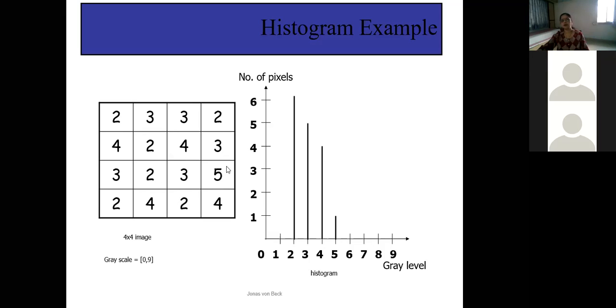Basically, it gives you an idea about the contrast of the image. We will study this in more detail in the next unit. At this stage, simply try to understand the concept of determining the profile and histogram of the given image.